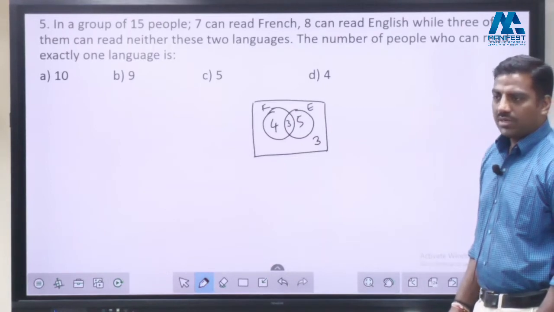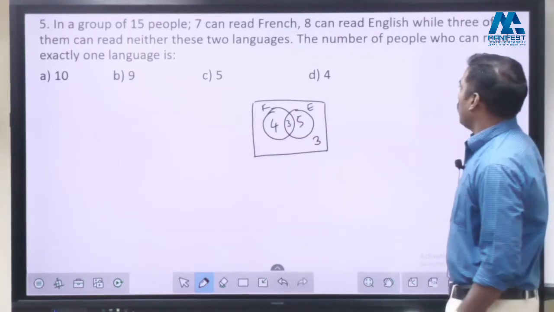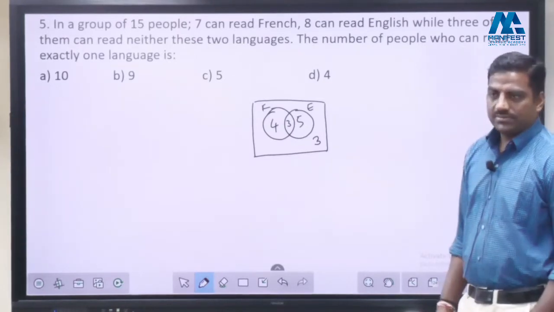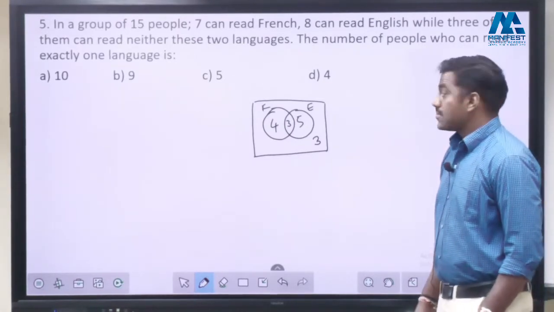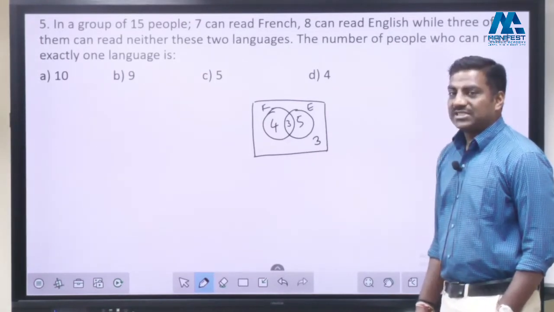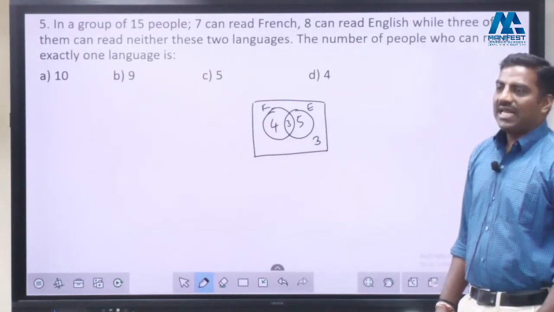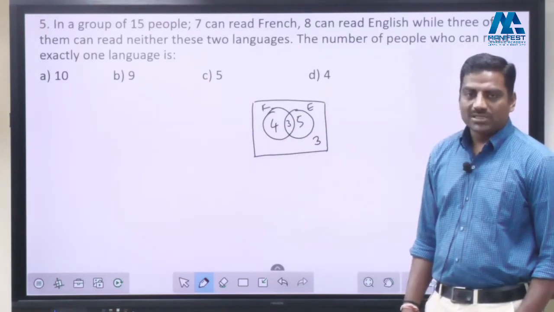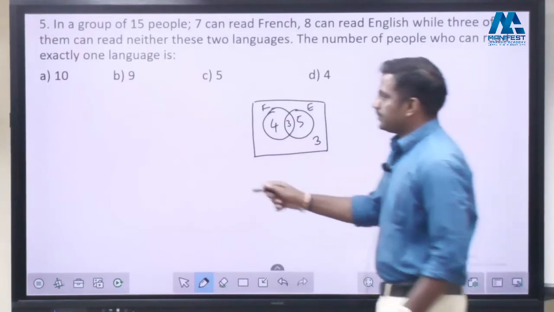Yes. Now, the number of people who can read exactly one language, exactly French, is 4, exactly English is 5. So exactly one language, 4 plus 5, that is 9.